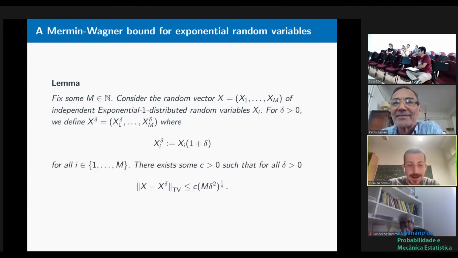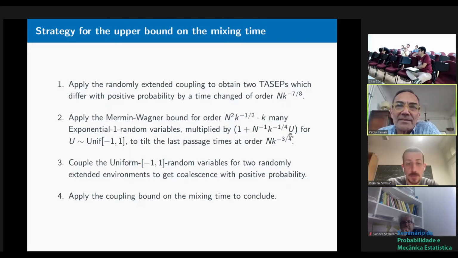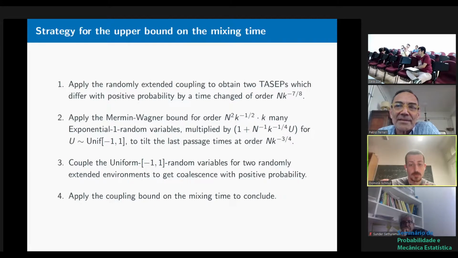Well, if you check, the last passage time will depend linearly on the U. So whatever you do to these passage times, if I only manipulate them in a part where they agree, so let's say they first coalesced, then I know they agree, and afterwards I will change them by the same amount.